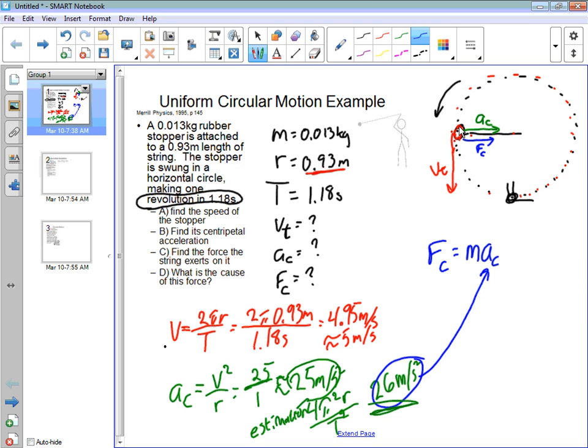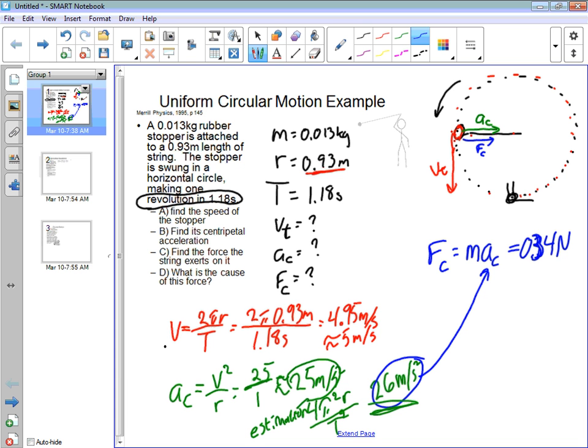So the 26 meters per second squared times the mass, which was 0.013 kilograms, is going to give us what? This is like the easiest one to get. That's going to be 0.34 newtons.